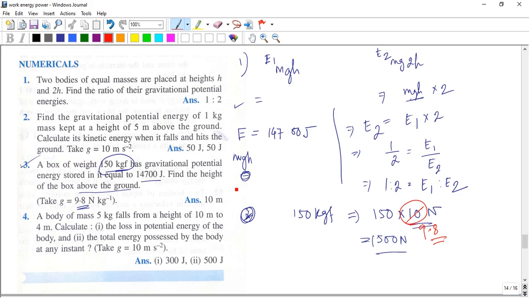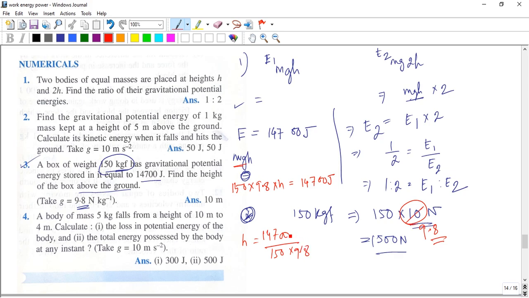Here mg is in Newton. So 150 into 9.8 into h gives 14700 joule. So here h equals 14700 divided by 150 times 9.8.